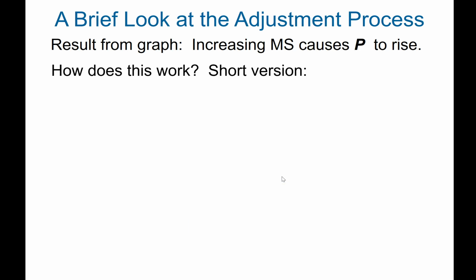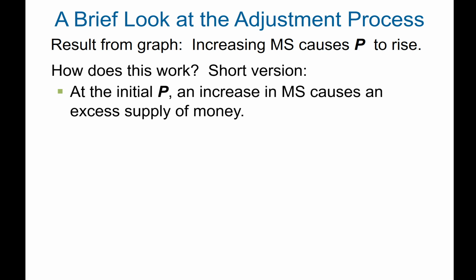So if we look at the adjustment process found in that graphical look we just took, we could see that the increasing money supply causes the price level to rise. And you might ask, well, how does this happen? Well, here's the short version of it. At the initial price level, an increase in the money supply causes an excess supply of money. We have also called that a surplus in the past.